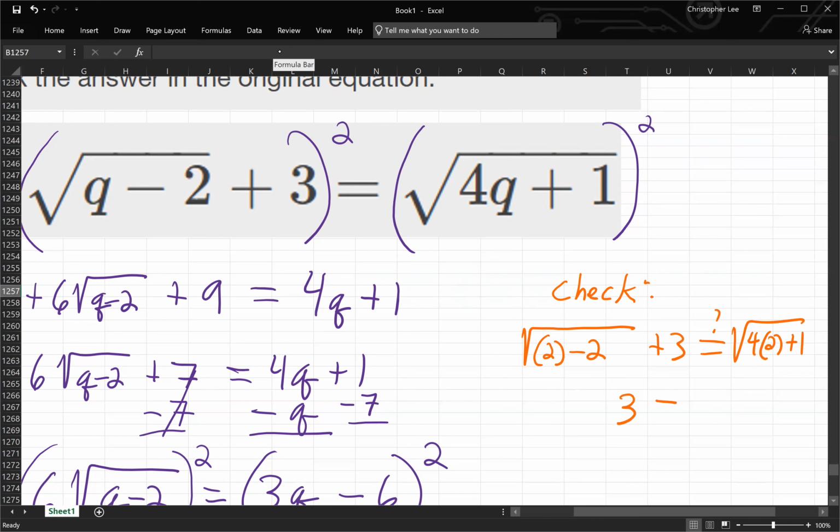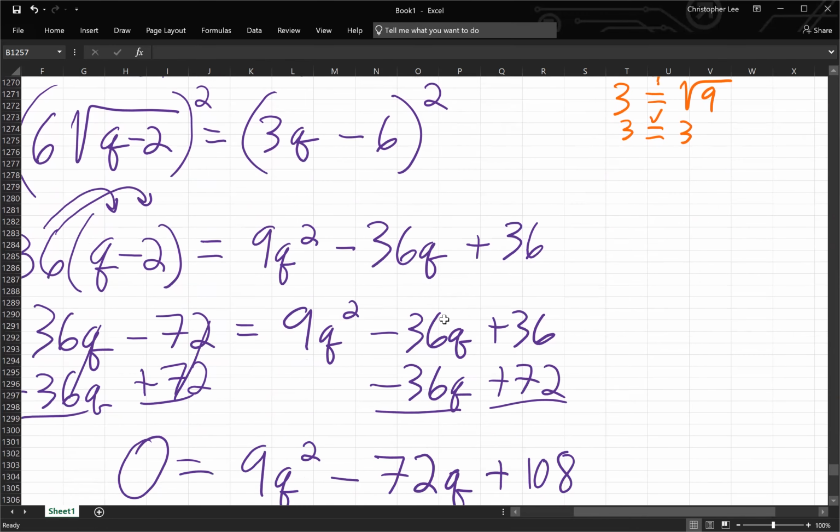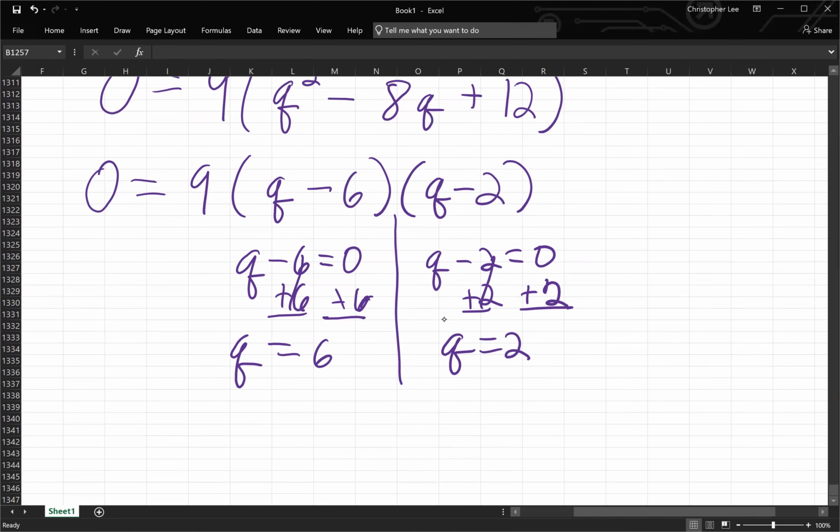This is gonna be 3, allegedly, is equal to the square root of 8 plus 1. And in fact, 3 is equal to the square root of 9 because 3 is equal to 3, right? Bam. So 2 works. 2 is a legit answer, right?